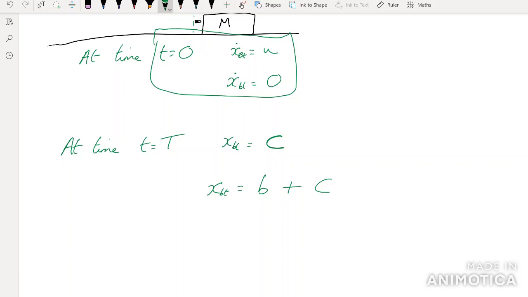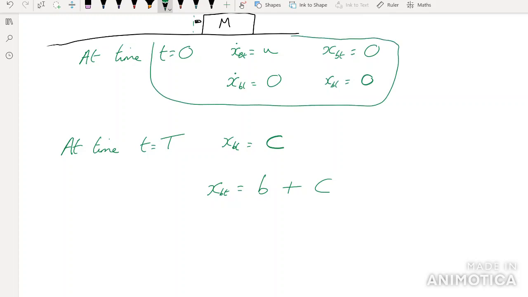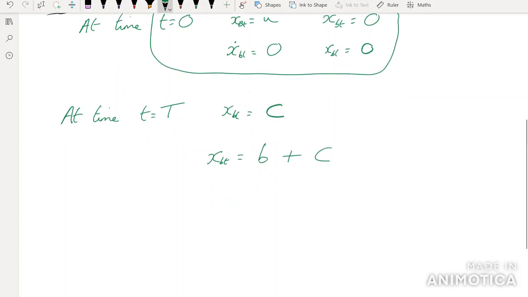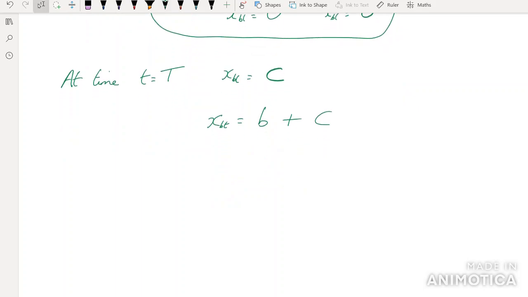Okay. And then, is there anything else we know? Oh, and sorry, one other thing I could have included up here, just because we're writing everything down we can: x block equals 0 at that initial time. Okay, and so what else can we say at time t equals T?